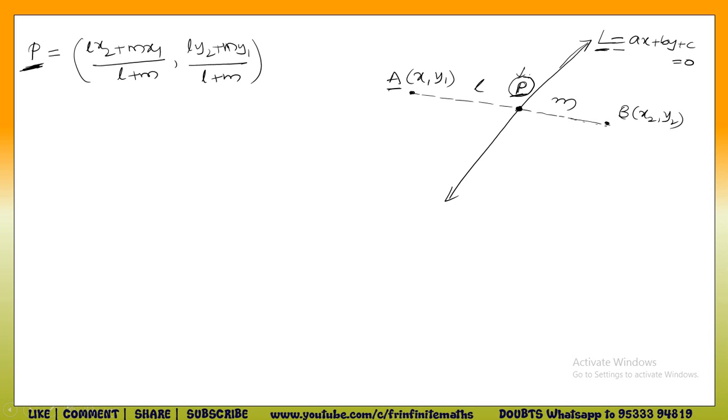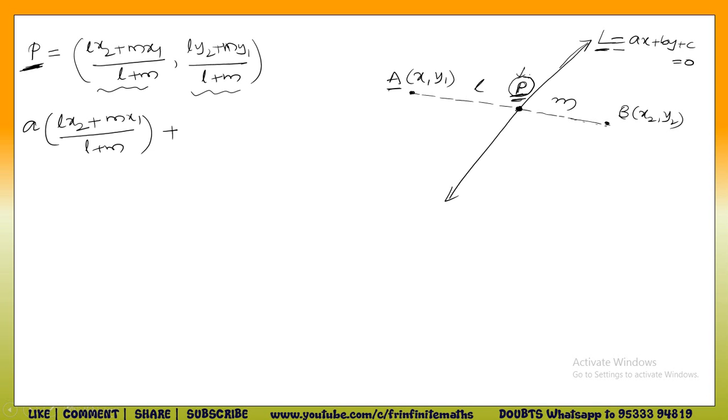That means it should satisfy the given line equation. So when I substitute this point P in that line equation, a into, what is the value of x? This is my x and this is my y. From that I can write Lx2 plus mx1 by L plus m.